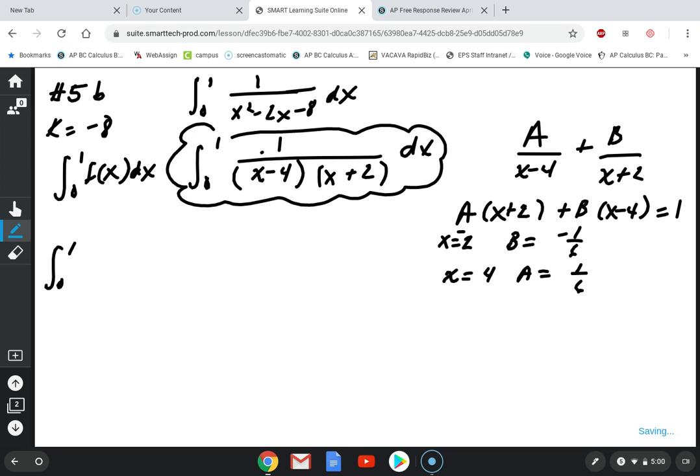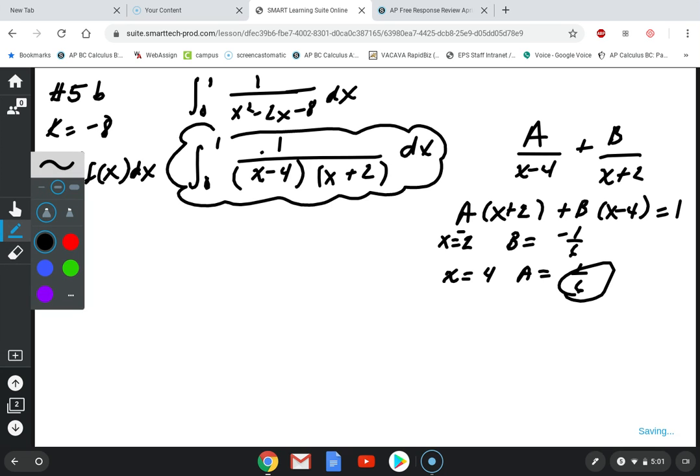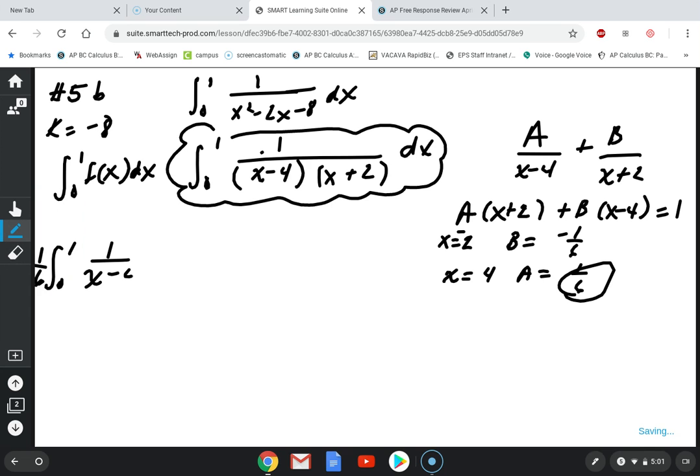So I have the integral from 0 to 1. I'm going to take a 1/6 multiplier out front. The 1/6 I took out front, so now I'm just going to have 1 over x minus 4 minus, because B was negative, 1 over x plus 2 dx.